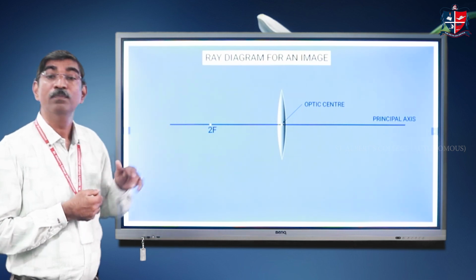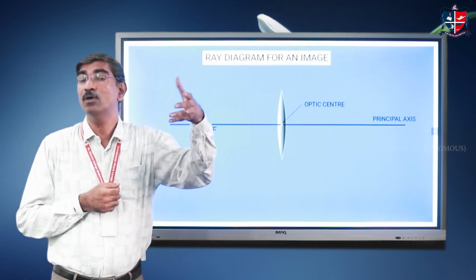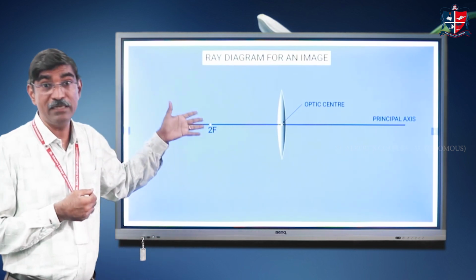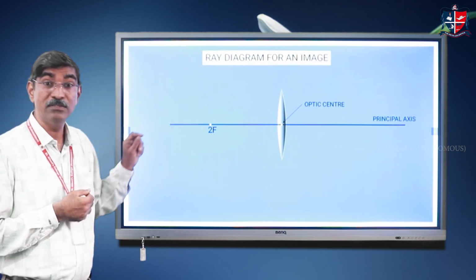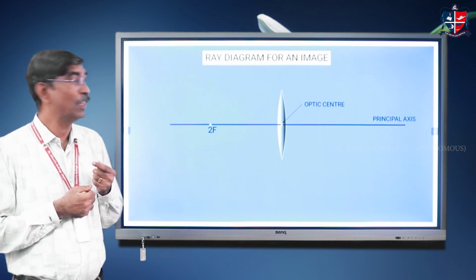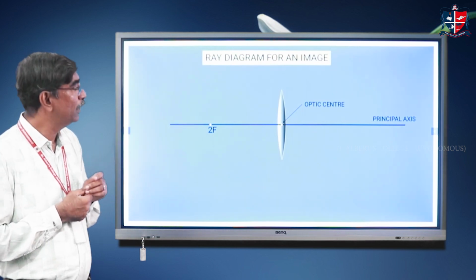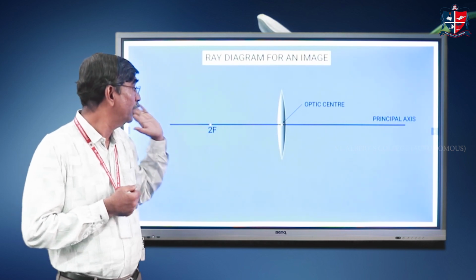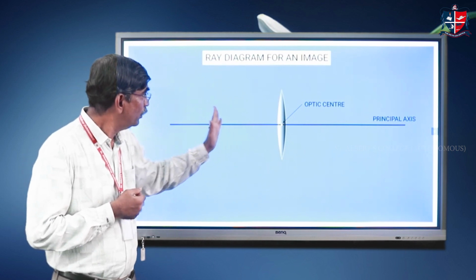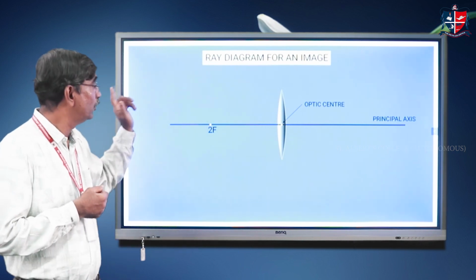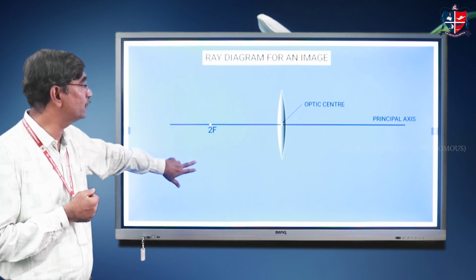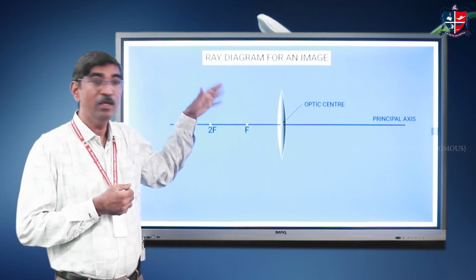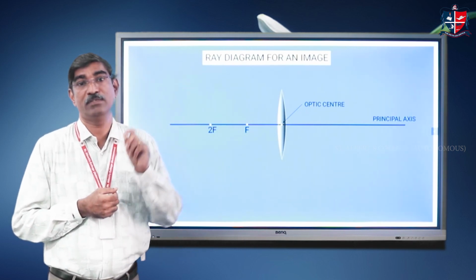Now this lens forms a part of a sphere or a circle, and the center of that sphere is designated as 2F or center of curvature, and the half distance from the optic center to 2F is designated as the focal point, or it is simply named as focus.